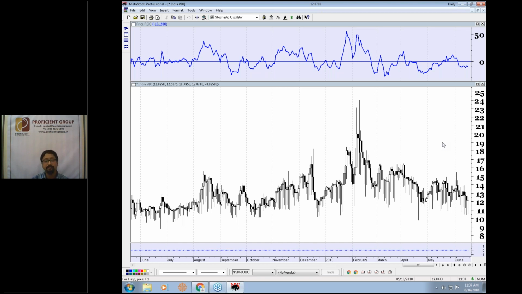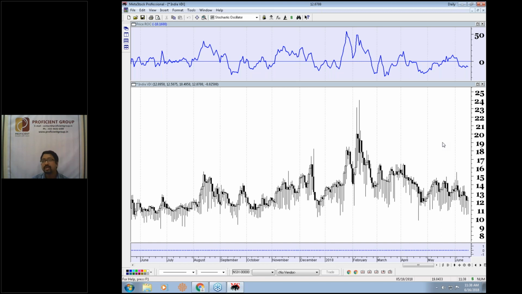Let me tell you what we mean by volatility, first of all. Volatility is one of the components in price action. There are three other components. First is trend, right? The trend means directional movement of price, and we have many indicators to cover the direction of the trend, whether it is uptrend, downtrend, or choppy trend.